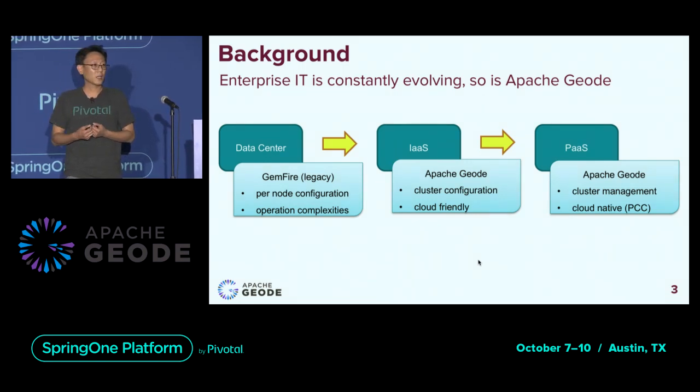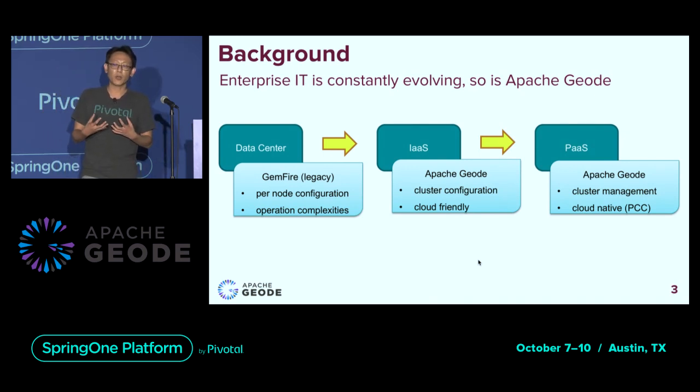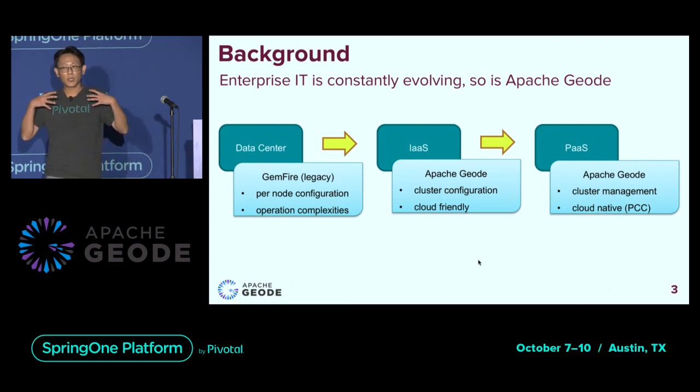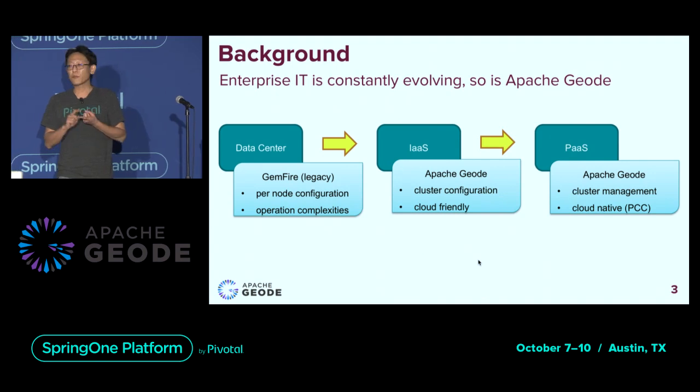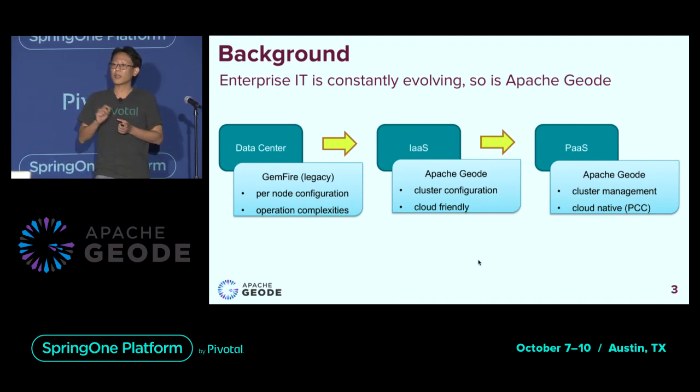When Gemfire was open sourced into the Apache Geode community, a feature was enabled at that time called cluster configurations. Since then, Geode provides features that allow you to configure your cluster in a more holistic point of view, where you don't have to make a change to a single node at a time.